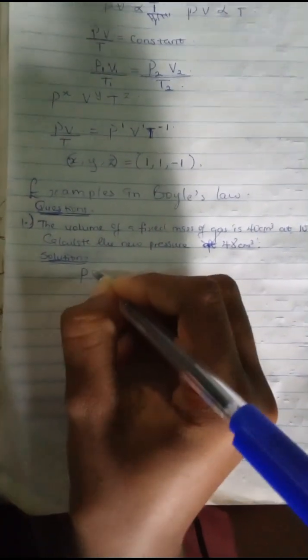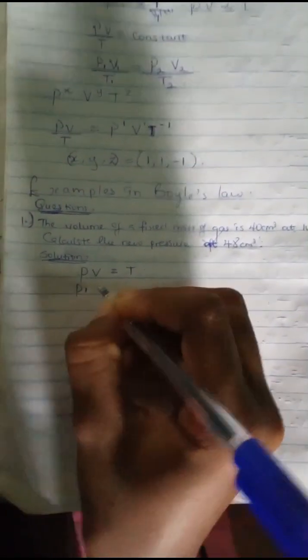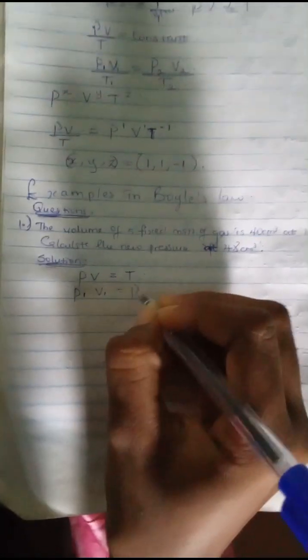Our first example here: the volume of a fixed mass of gas is 40 centimeter cube at 1007 millimeter mercury. Calculate the new pressure at 48 centimeter cube. So our formula for Boyle's law is P1 V1 equals P2 V2, that is initial pressure, initial volume, final pressure, final volume.